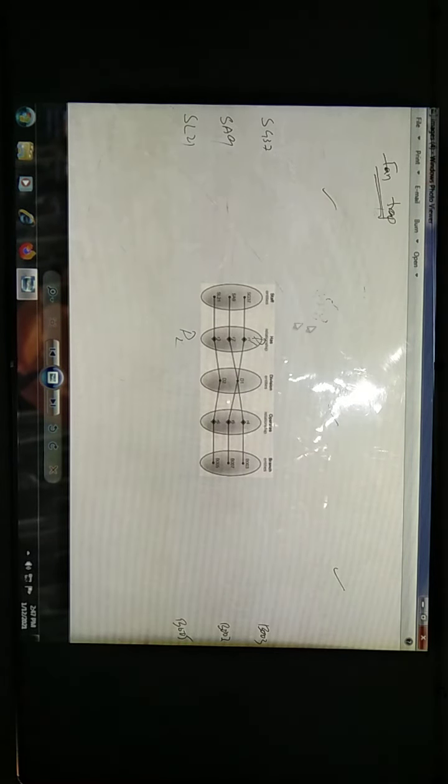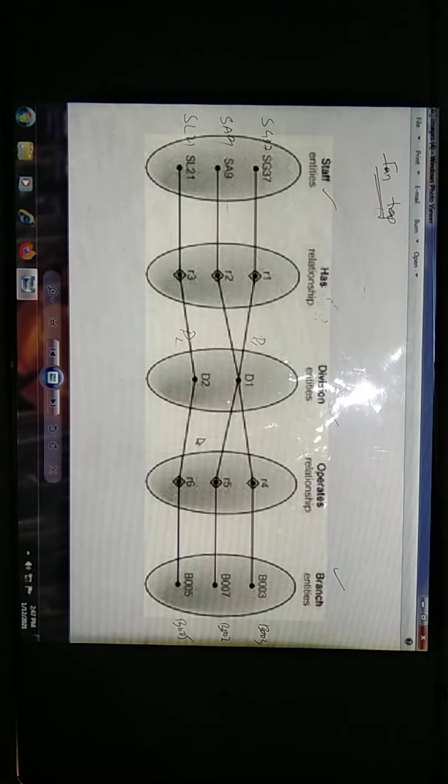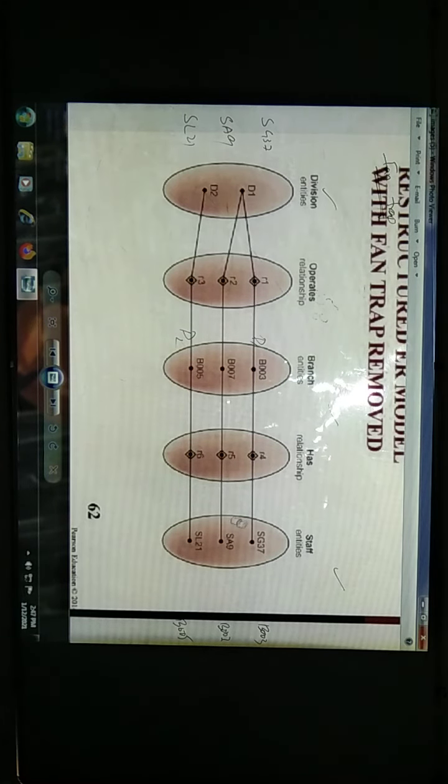See here, I cannot answer that SJ37 is working for which branch. But in the next case, when we have reconstructed the model, we can easily find out the relationship and we will not have any ambiguity associated with the staff and branch. Okay, I hope it is clear.